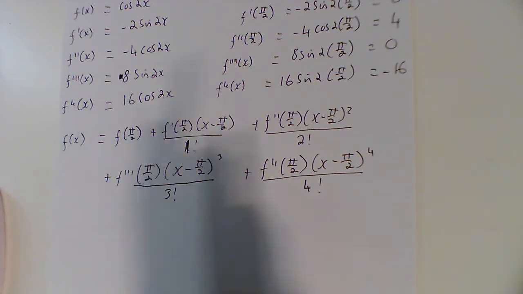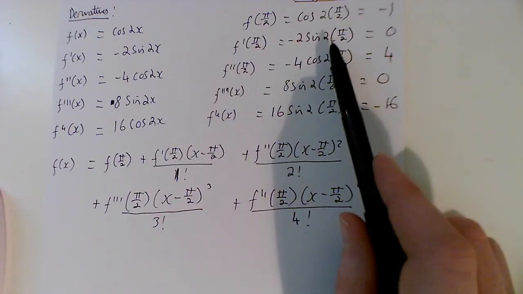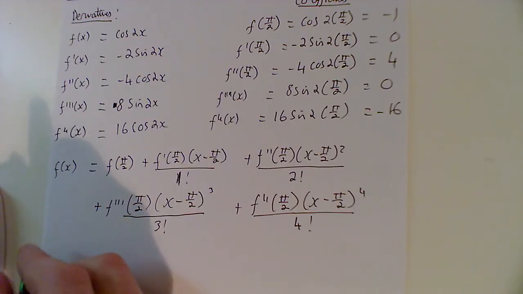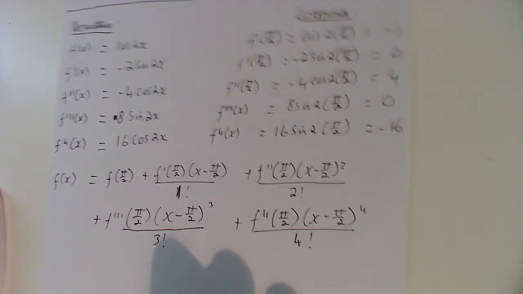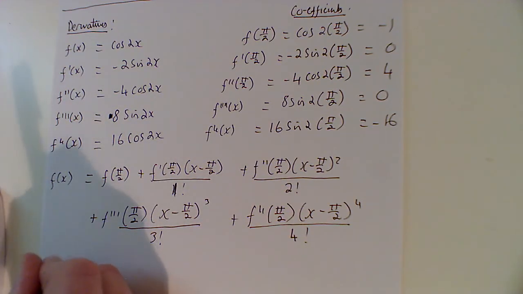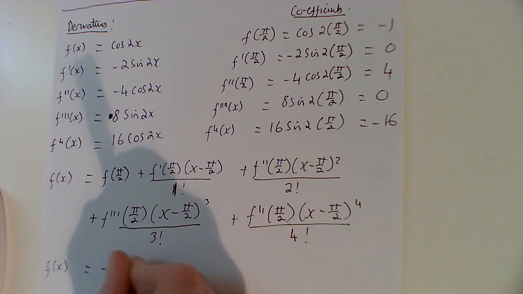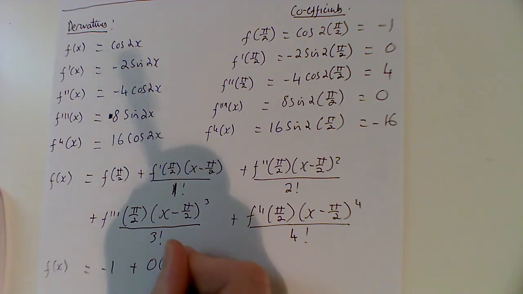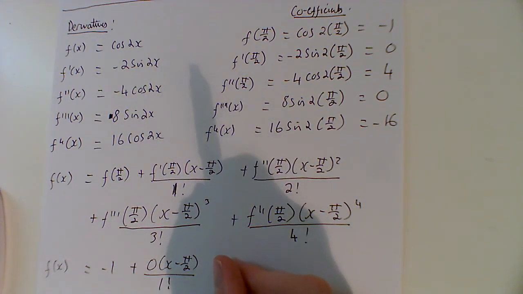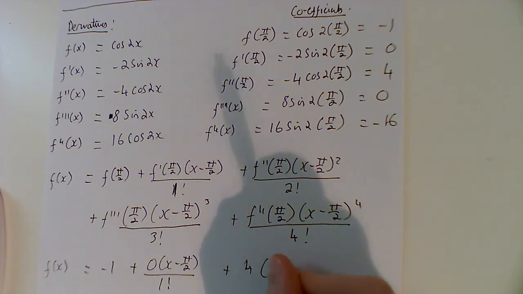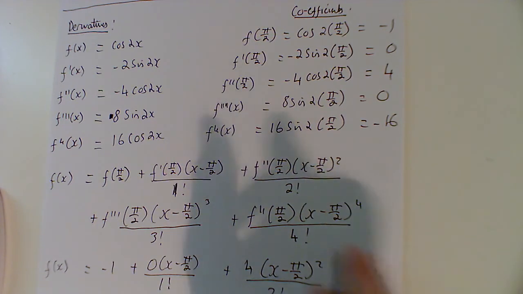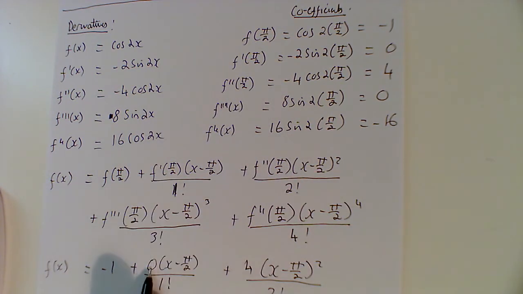Right, so let's substitute in our coefficients. So f of pi by 2 is -1. So I swap that for -1. So f dash of pi by 2 is 0, so that goes in there.